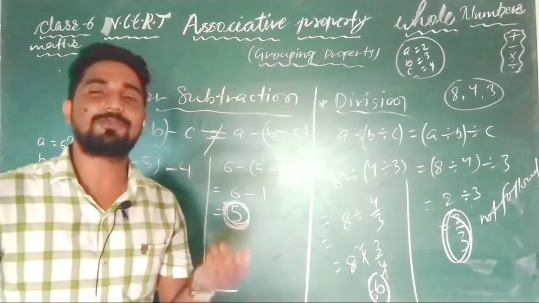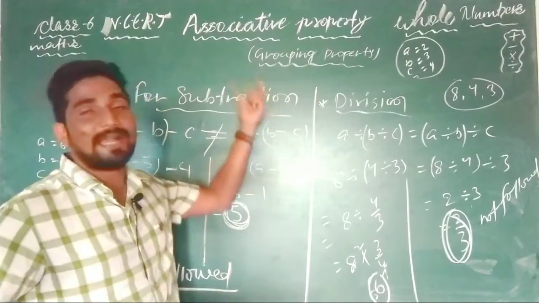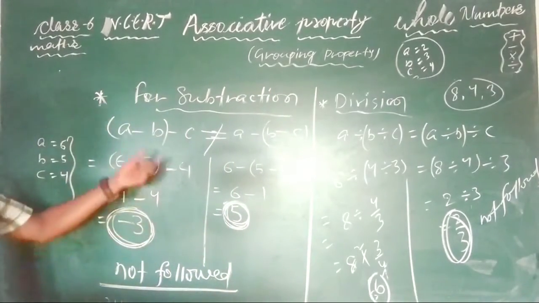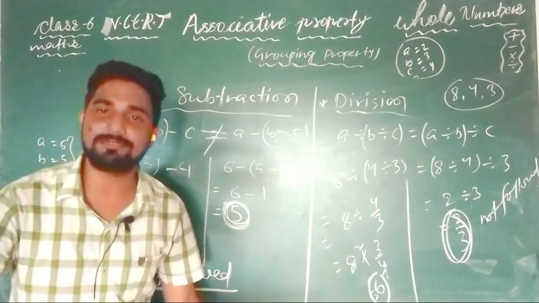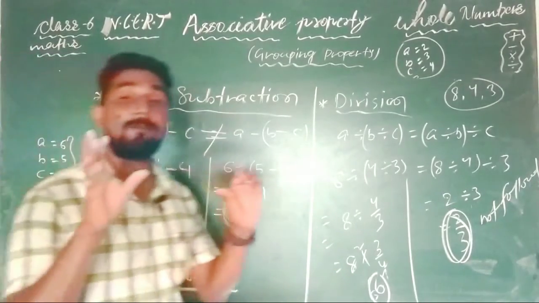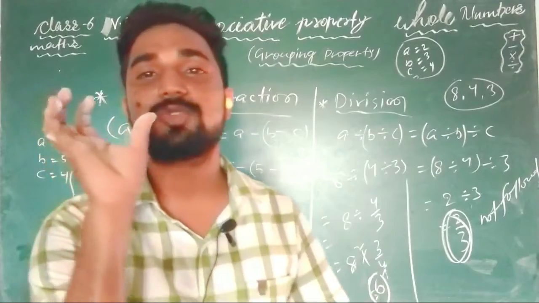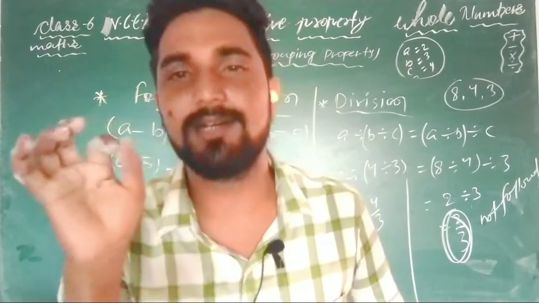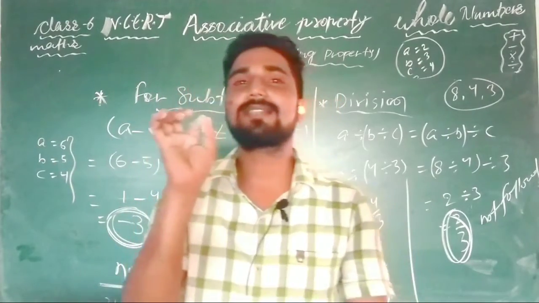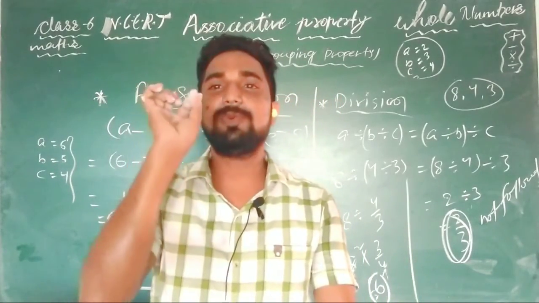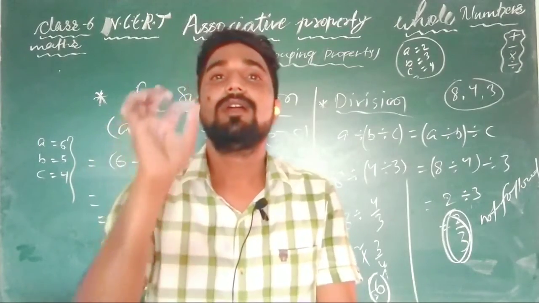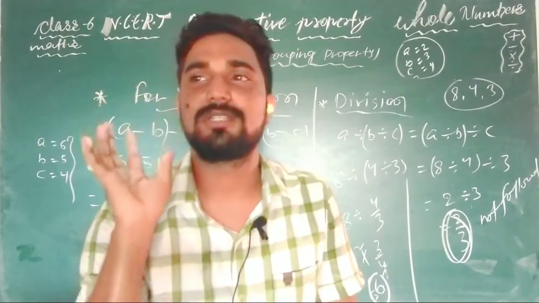This property is also followed for addition operation and for multiplication operation. Why it is followed and why it is not followed, you have seen both. When it is asked what the associative property for addition is, you have to say, if we make a change in the group, the sum remains constant.